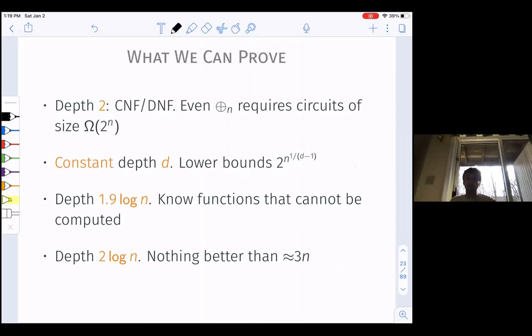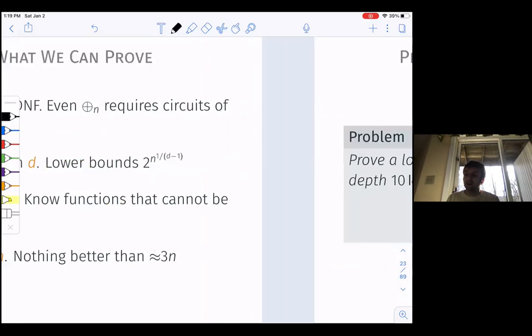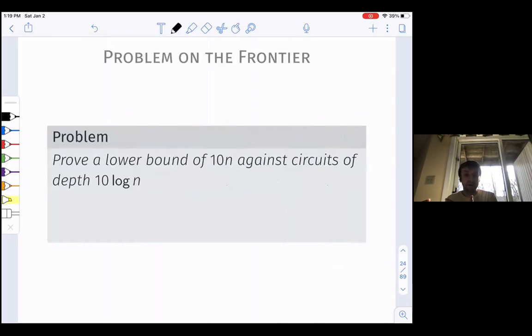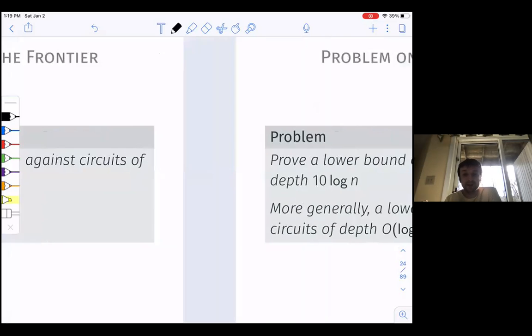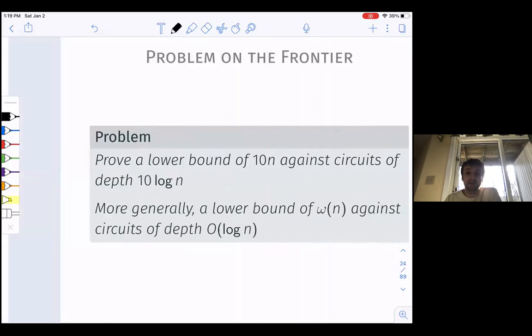So even for depth 2 log n, nothing non-trivial is known. So a natural problem on the frontier right now is to prove a non-trivial, even a linear lower bound for circuits of logarithmic depth. More generally, our goal now is to prove a superlinear circuit lower bound for log depth circuits.